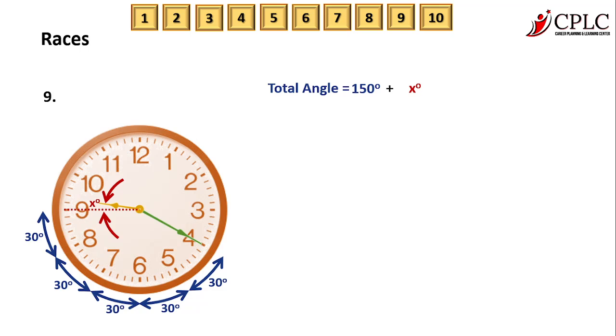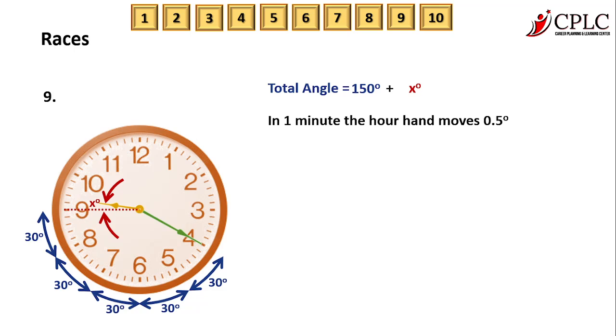For this, we need to know one concept that we have covered already: how many degrees our hand covers every minute. The answer is the speed of our hand, degrees per minute. So our hand covers half a degree per minute.